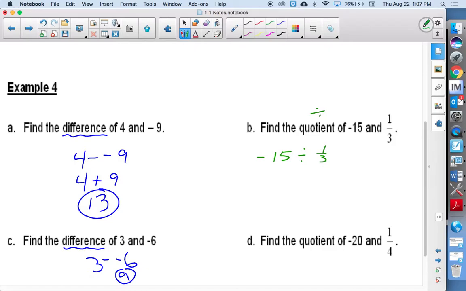You can't divide by a fraction. Okay? So when you see this, we're just going to go negative 15 times 3 over 1. Reciprocal. Zach, what is negative 15 times 3? Nice.